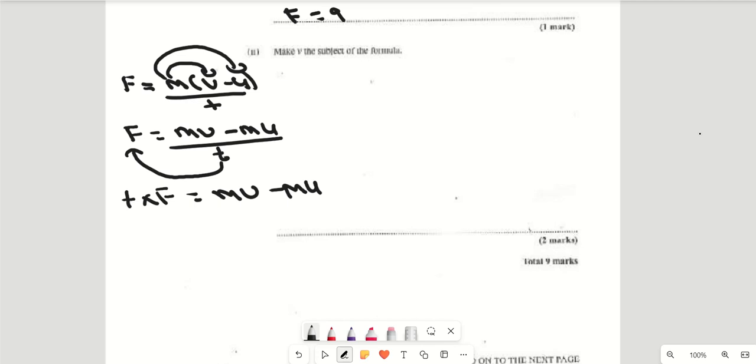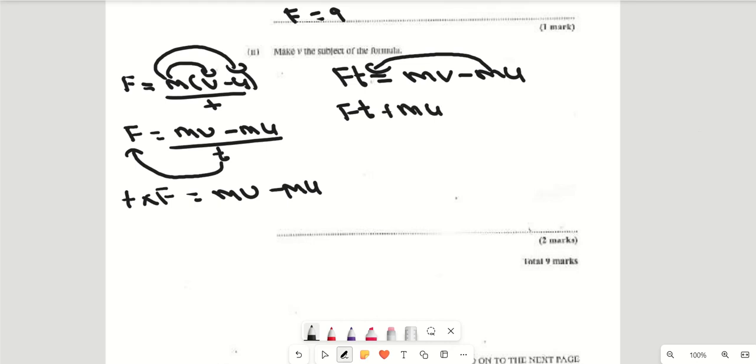So F by T is capital FT is equal to MV minus MU. We want to make V the subject, so first off we have to carry across MU. So that is FT, and what is the opposite of minus MU? That would be plus MU is equal to MV.